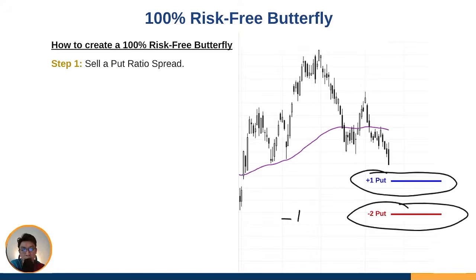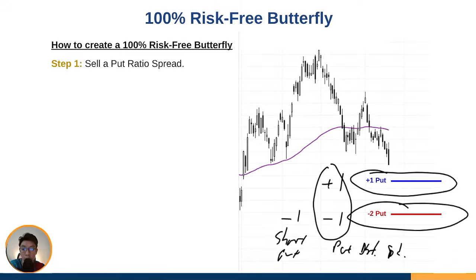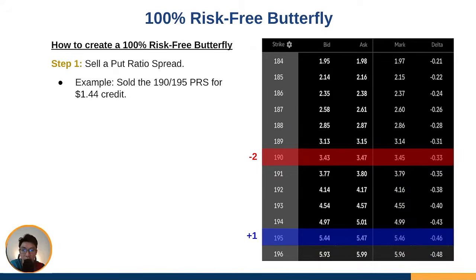It's pretty much just a short put that is financing a put debit spread. So you have one long put and one short put. So down here, this is the put debit spread, right? So this is the put ratio spread. You have to start off as a put ratio spread first. So as an example, let's say you sold the 190/195 put ratio spread for $1.44 credit, right? So this is the first step.